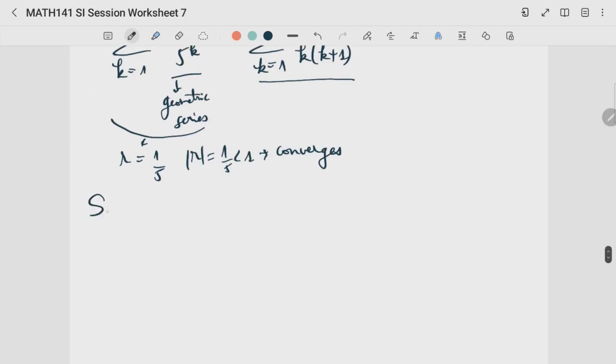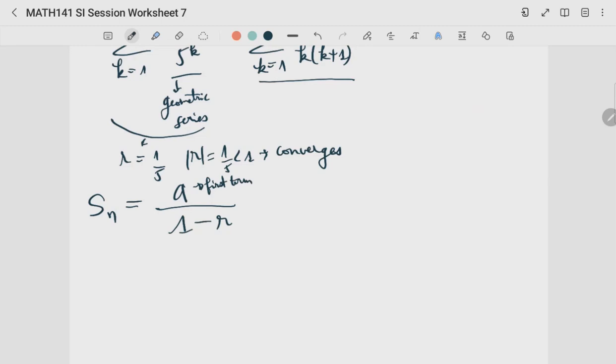Now the sum, since the series is converging, is just a over 1 minus r. And a in this case is just the first term of the series.